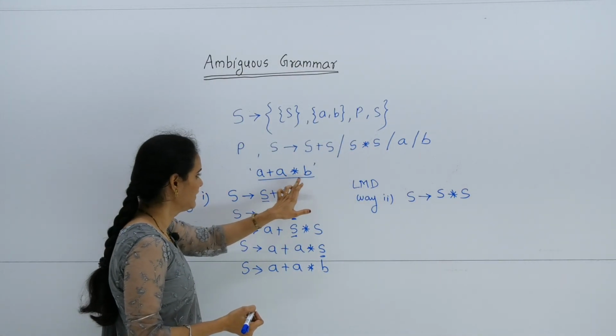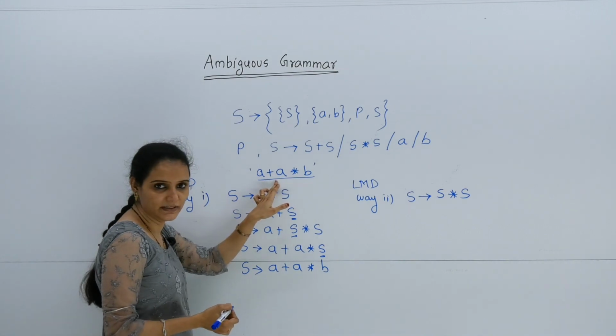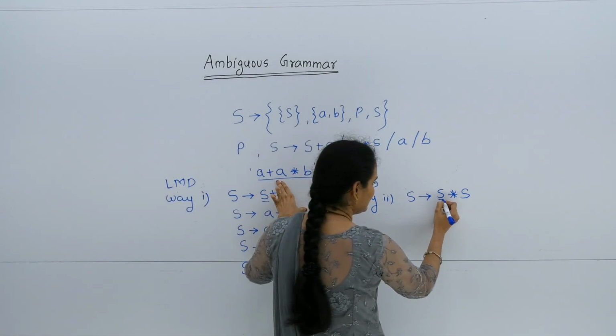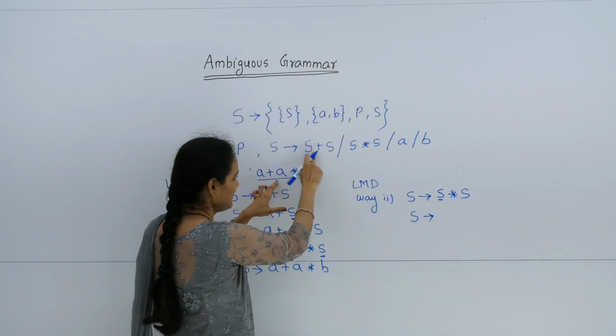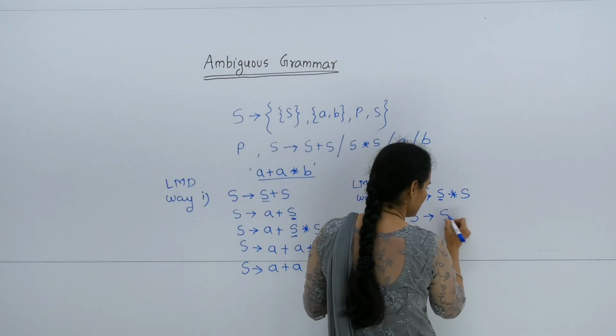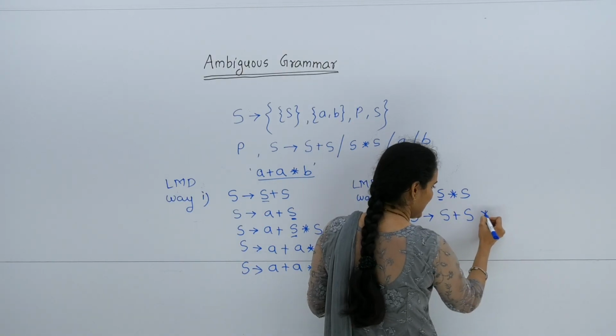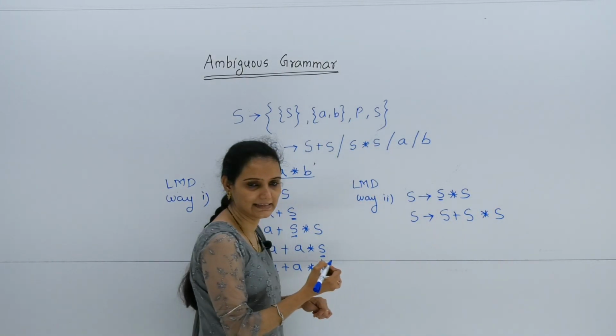Now see here, it is my string to be generated. So again it is leftmost derivation, therefore that particular S can be replaced by S plus S, and star S we are writing as it is.